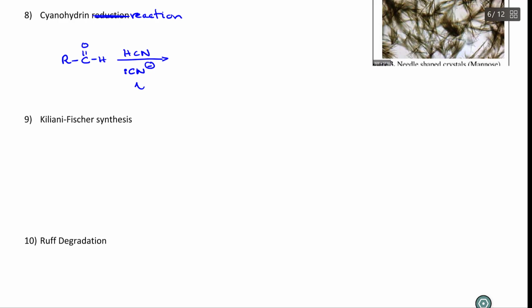Catalytic means there's just a little bit, so a small amount of cyanide present, and this acts as the nucleophile, and what you end up with, without showing the mechanism, is this.